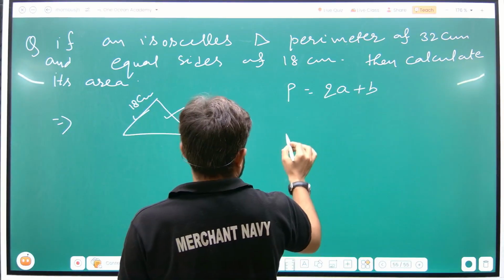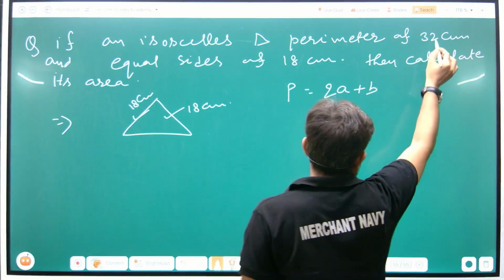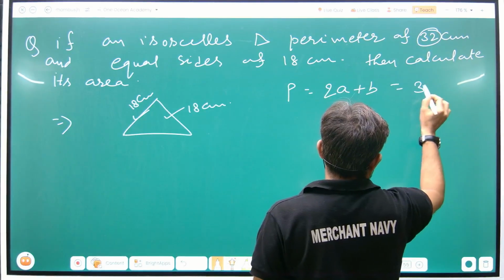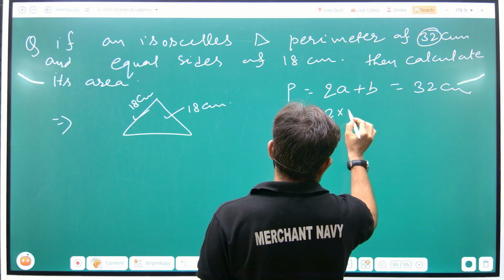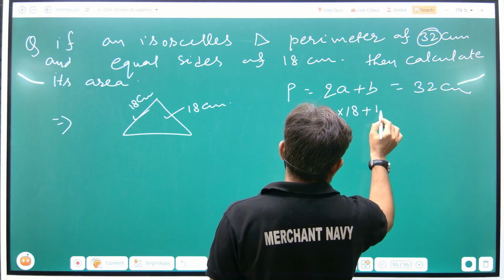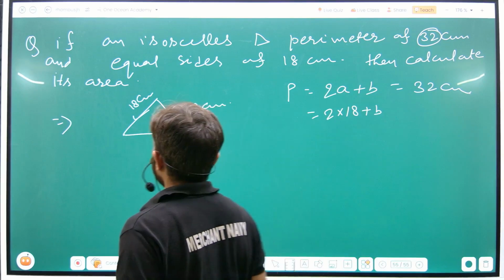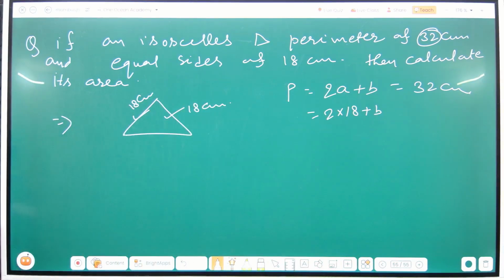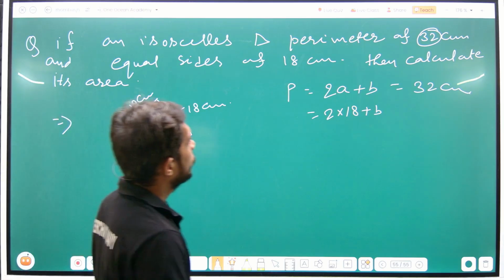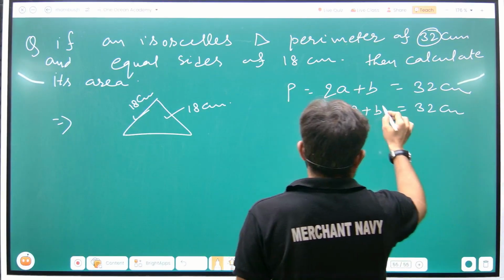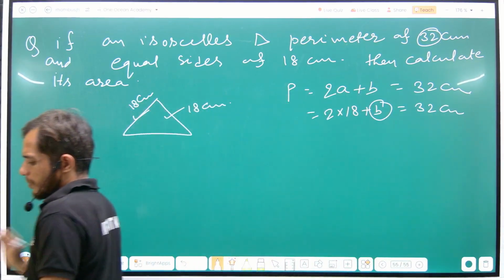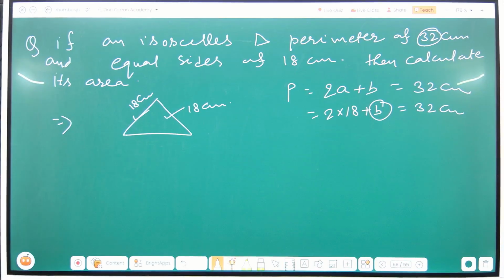So 2a plus b is equal to 32 centimeter. The value of a is 18 centimeter, so 2 into 18 plus b equals 32. But I think it becomes wrong because the value of b becomes negative.